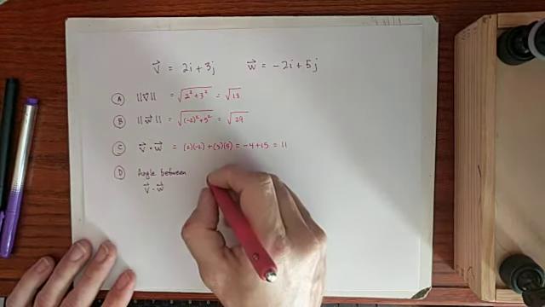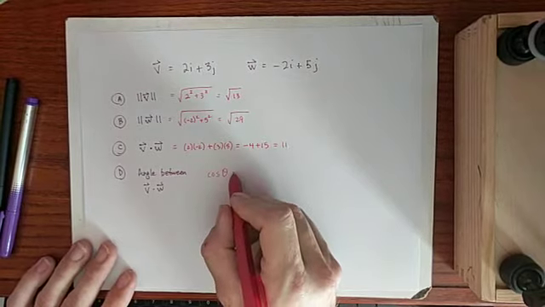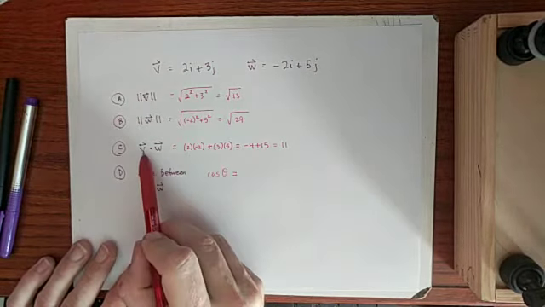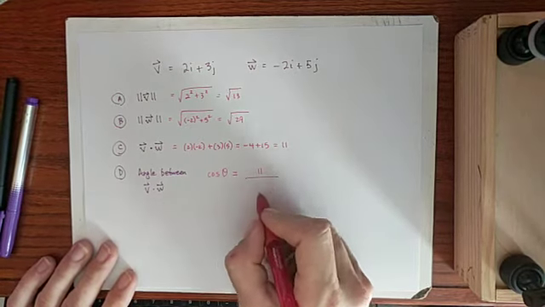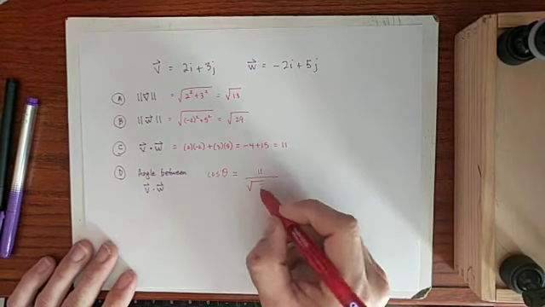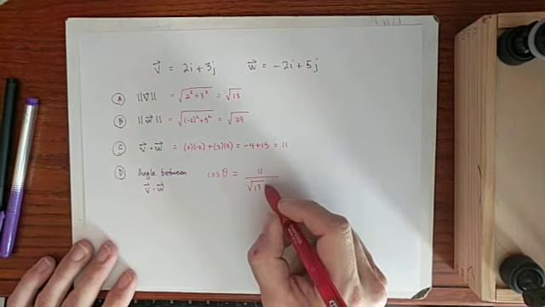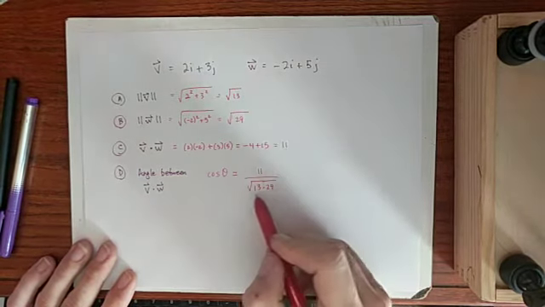And then for the angle, we just remember that formula that I put earlier in the video. So that is the dot product over the product of the magnitudes. So that's the square root of 13 times the square root of 29. And I can put both numbers under a single square root, right?